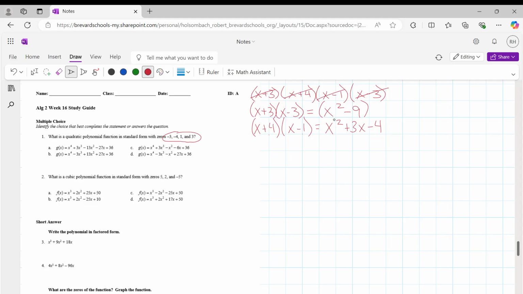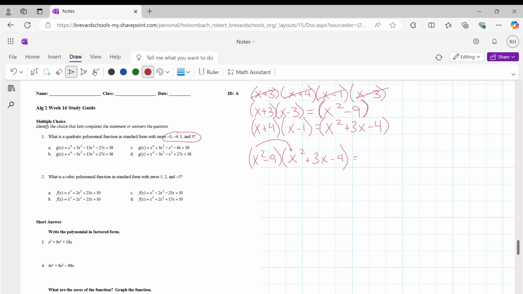Now what we have to do is multiply this binomial times this trinomial. So we've got x squared minus 9 times x squared plus 3x minus 4.